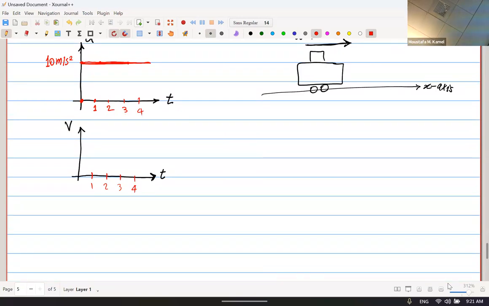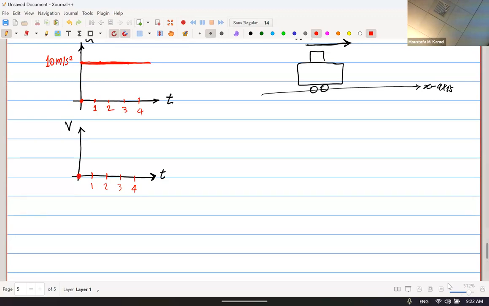Since there is acceleration, there is an increase in speed in that case, because it's positive acceleration in the same direction of velocity. If we assume the object starts from 0 velocity, then at time equals 0, the object is here.